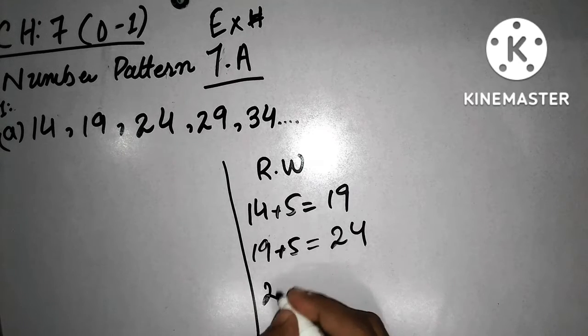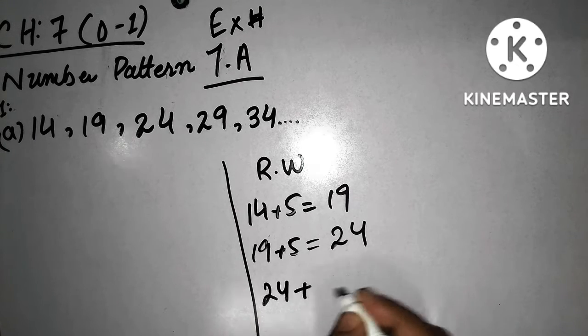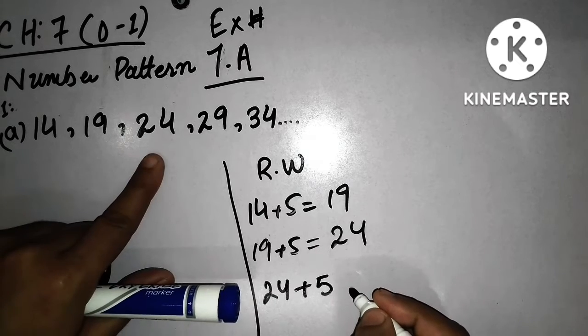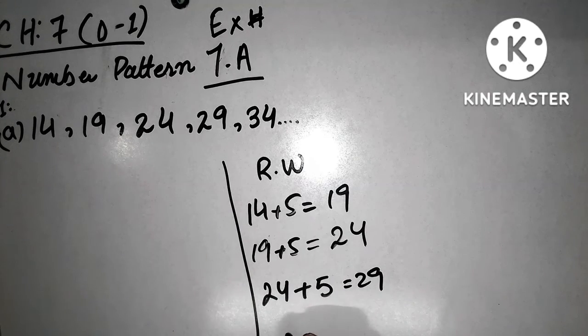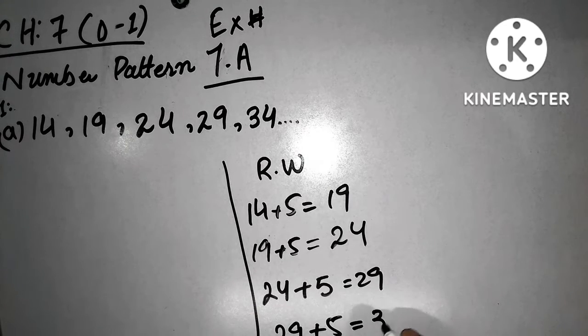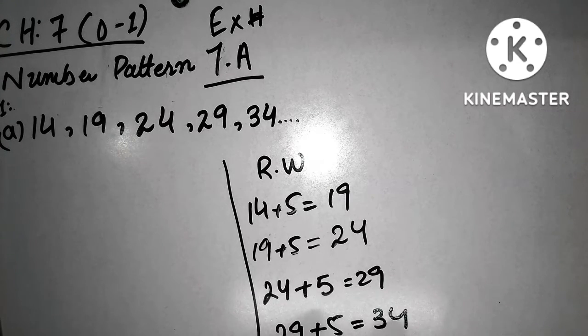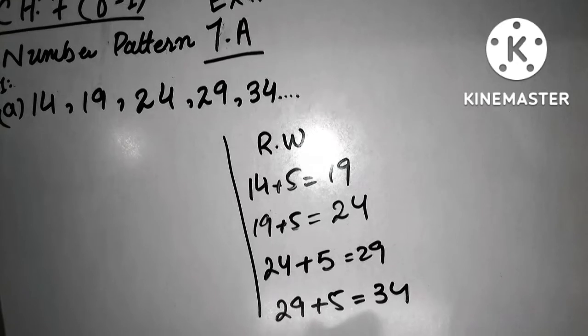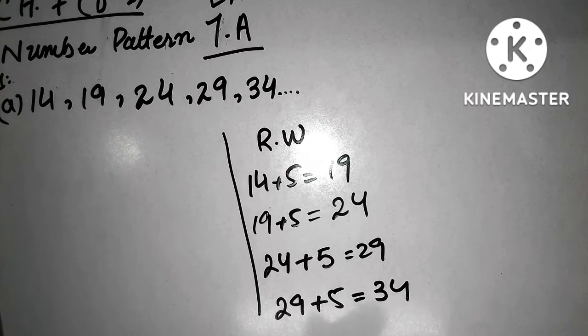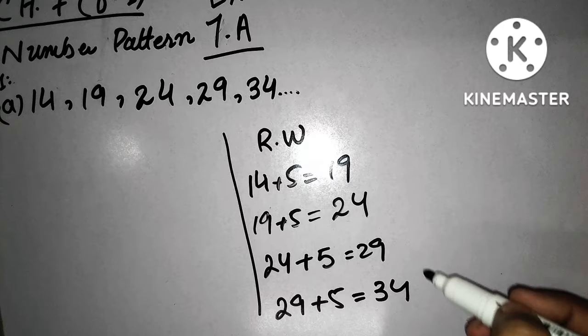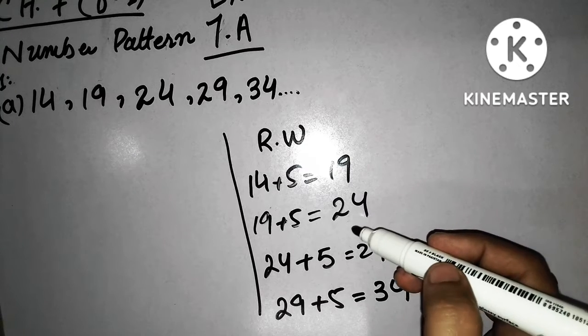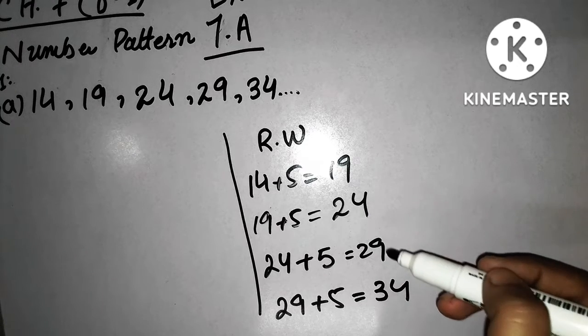If we add 24 plus 5, it will be 29. Similarly, 29 plus 5 will be 34. So we have checked the pattern, and it has proved that 19, 24, 29 and 34 come after adding 5 to each previous number.